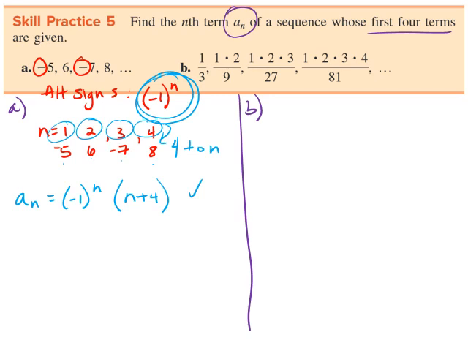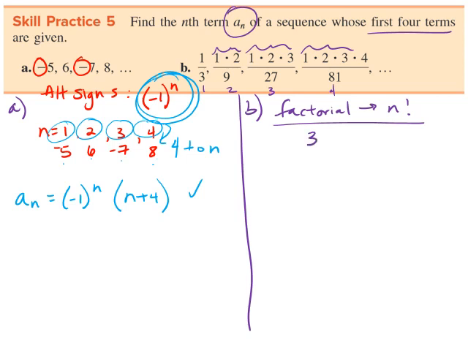You'll do the same type of thing in part B. Notice in part B, the numerator is the factorial. In fact, it's n factorial, the first term, second term, third term, fourth term. The denominator is 3.